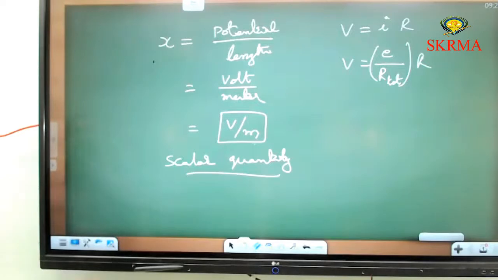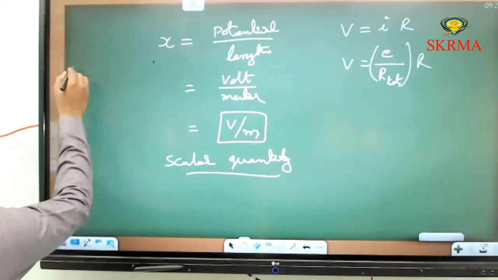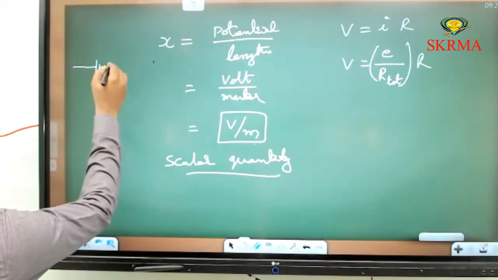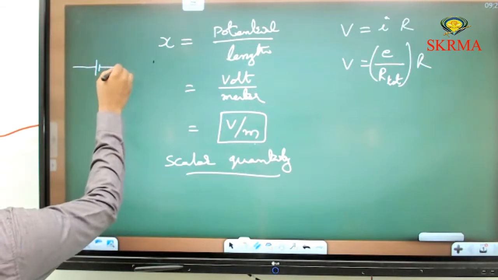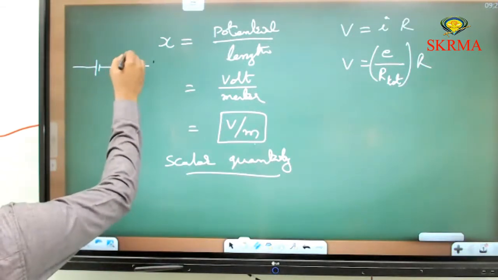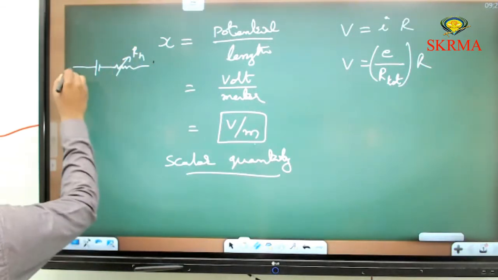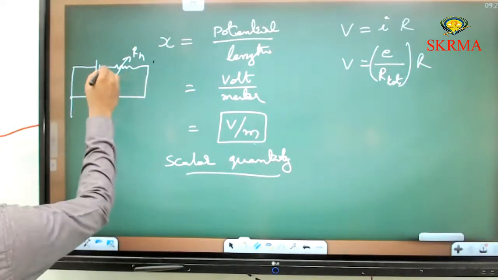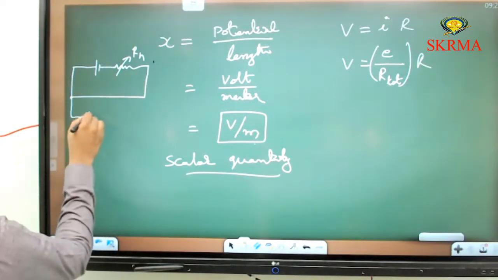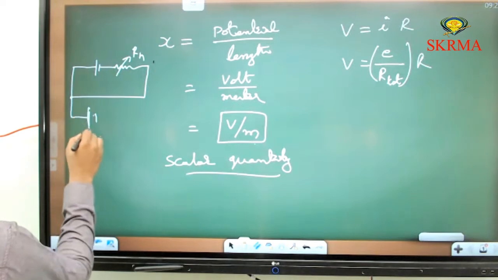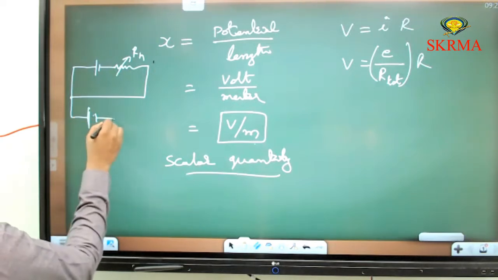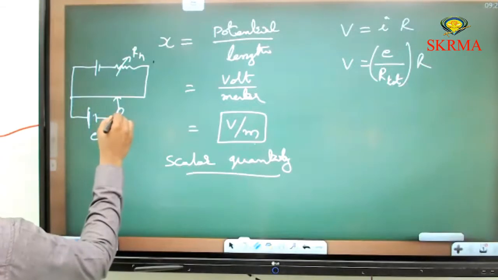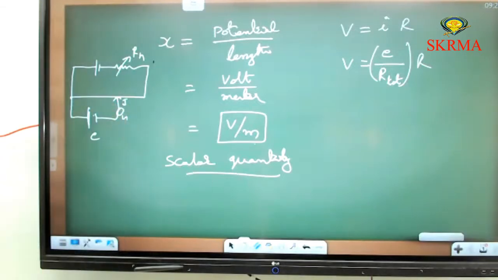Now, what is meant by resistance of the circuit in a potentiometer? This is a basic skeleton diagram of a potentiometer. Just go through this one. Here a wire is there. Here one battery of EMF E is connected with the help of a galvanometer and jockey arrangement.